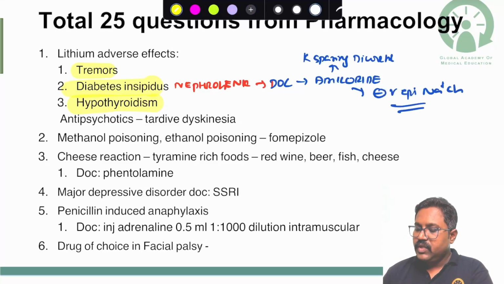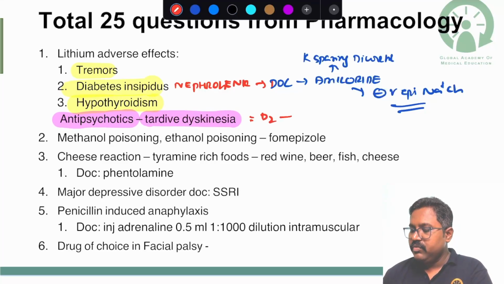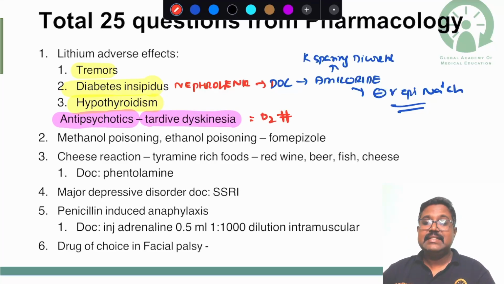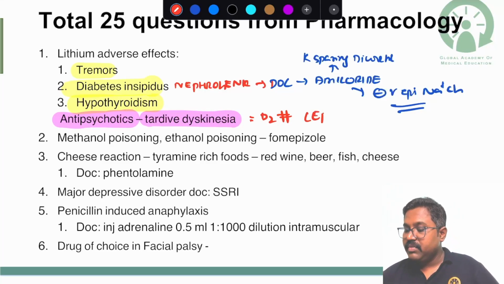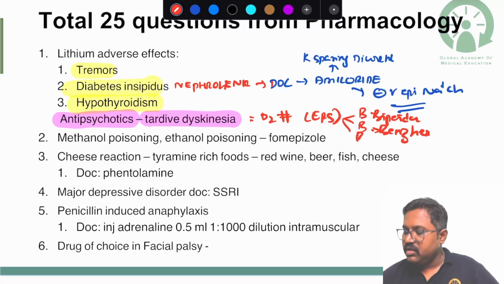So what about the tardive dyskinesia side effect of antipsychotics? Basically it is mainly due to the blockade of D2 receptor. These are nothing but the extrapyramidal symptoms. So which are the drugs used for extrapyramidal treatment? So you can go with B. One is piperidine, benzhexol, and benztropine.